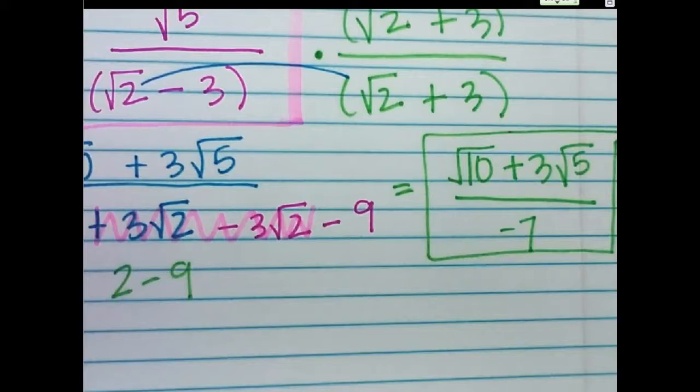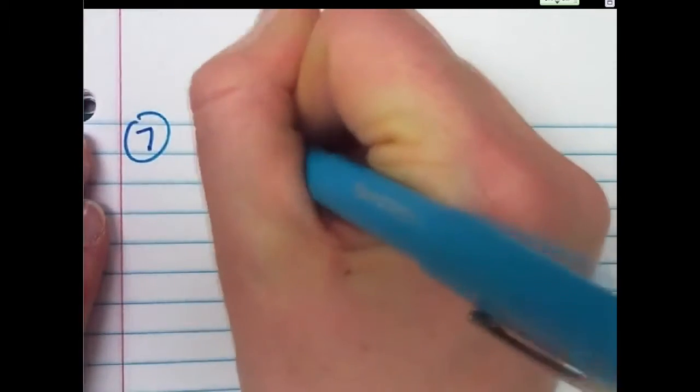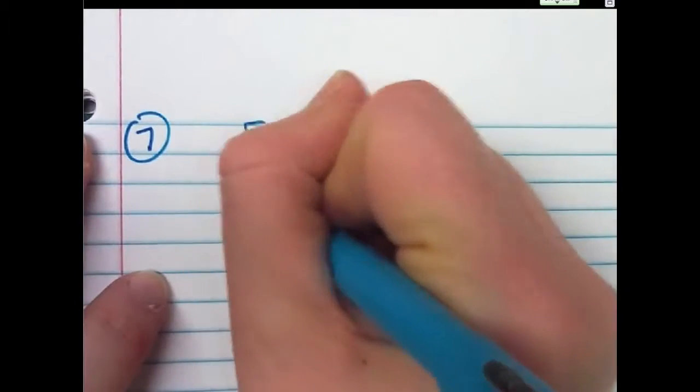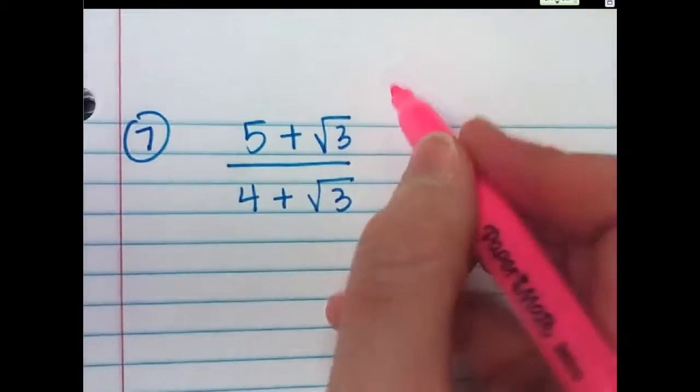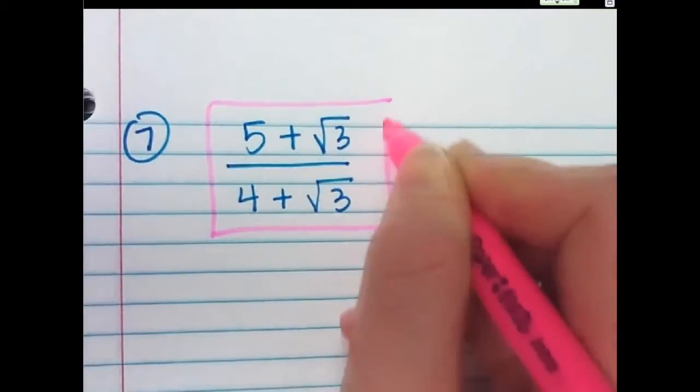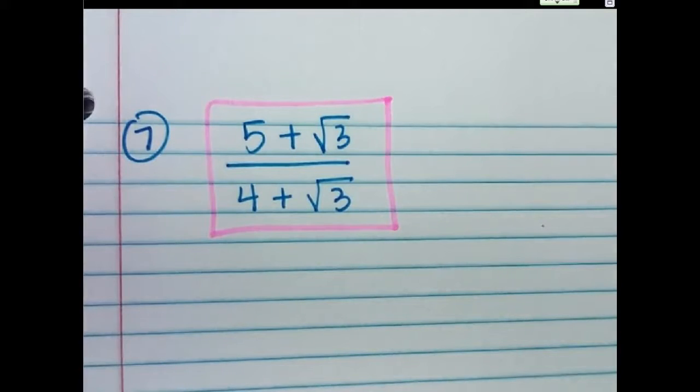Okay, let's do one more. One more that's a little bit different than that. So last one, number 7. Plus square root 3 over 4 plus square root 3.